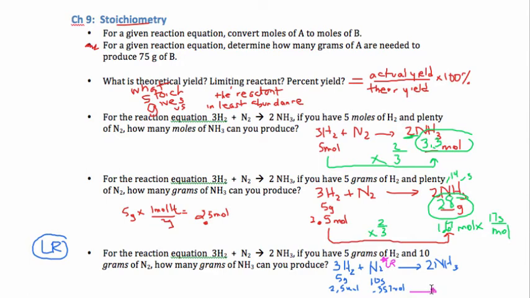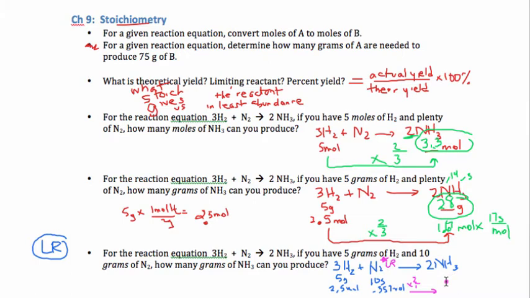I'm already in moles, so I'm ready to do the coefficient bridge. What's the coefficient bridge here? 2 over 1. 2 moles of NH3 for every 1 mole of N2. Because this is moles N2 times 2 moles NH3 over 1 mole N2 will convert me to moles of NH3.